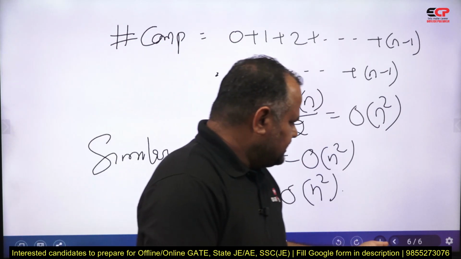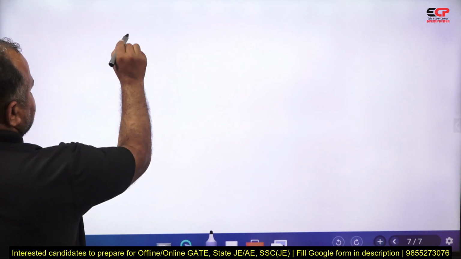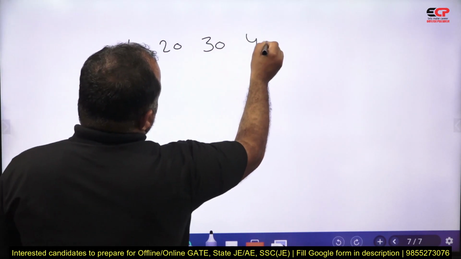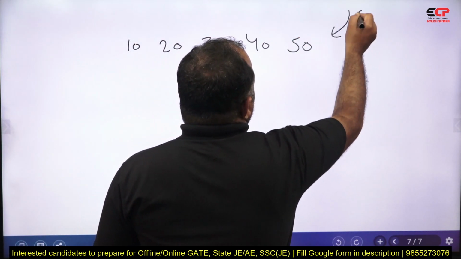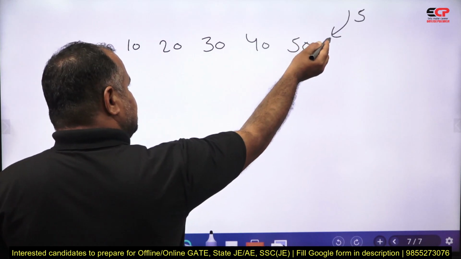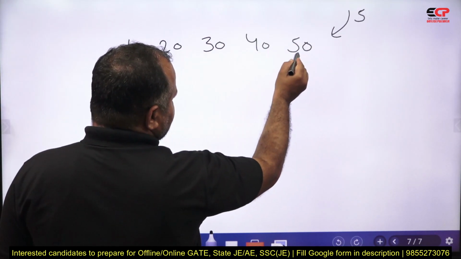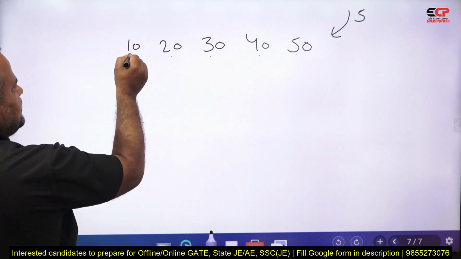One question they ask in GATE, what is that? In general, suppose my input is like this: 10, 20, 30, 40 and 50. Suppose one element came, that is 5. To find out the correct location of 5, what are we doing? We compare 5 with 50, then 5 with 40, then 5 with 30, then 5 with 20, then 5 with 10.